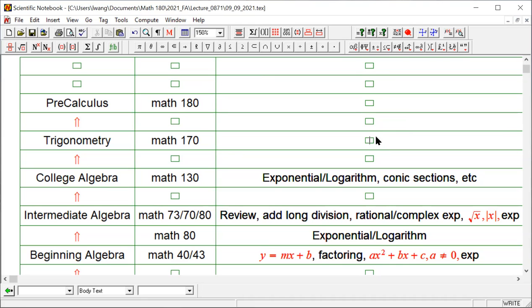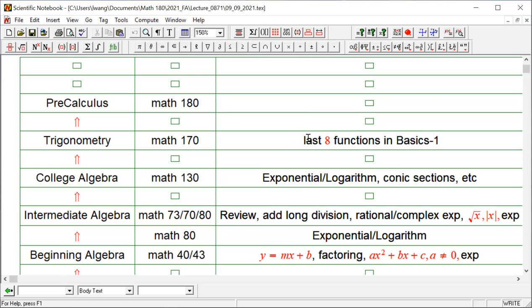So trigonometry basically covers the last 8 functions, the ones you saw in the basic 1 table.